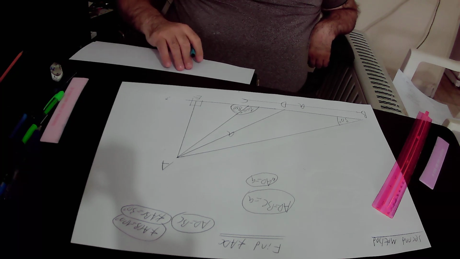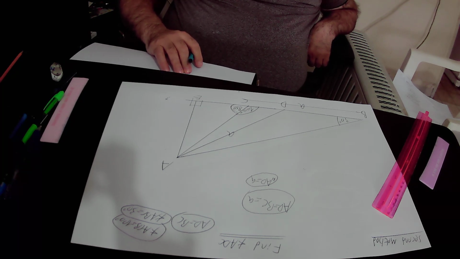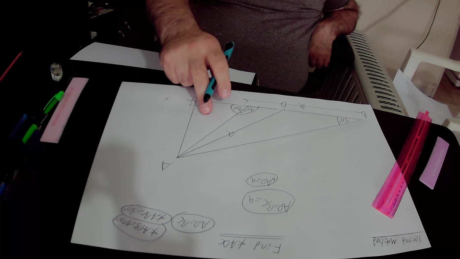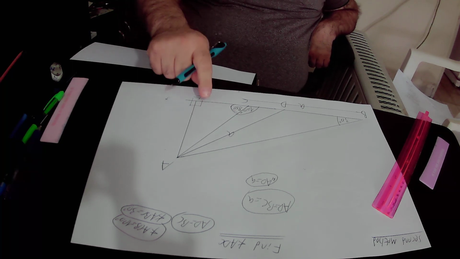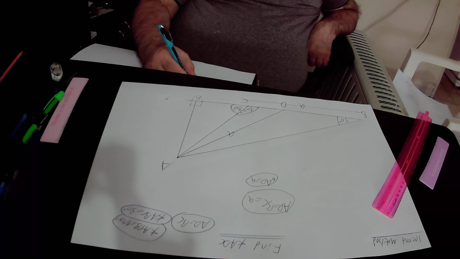In the next step, we will focus on the right triangle, triangle ACE. The small right triangle, triangle ACE.